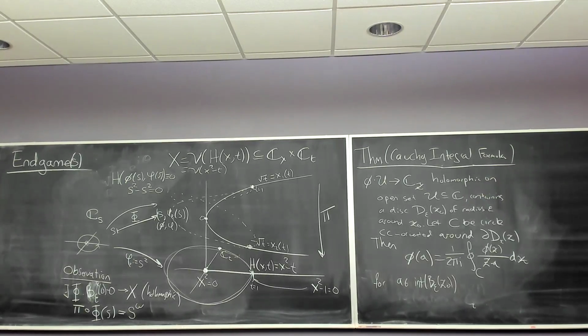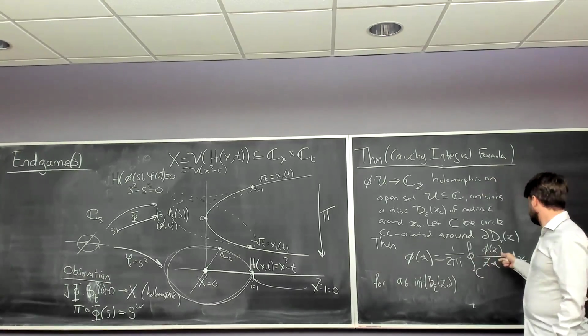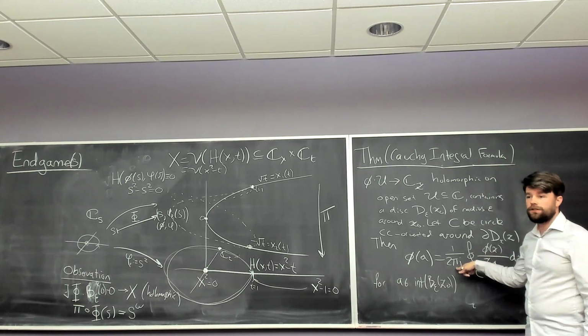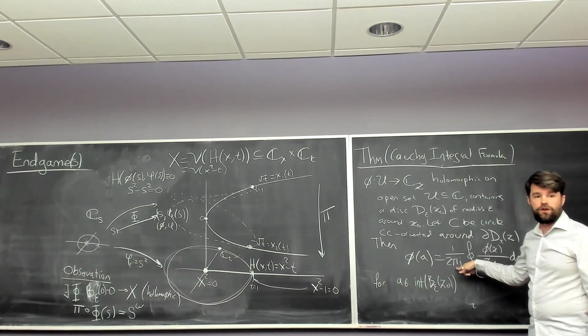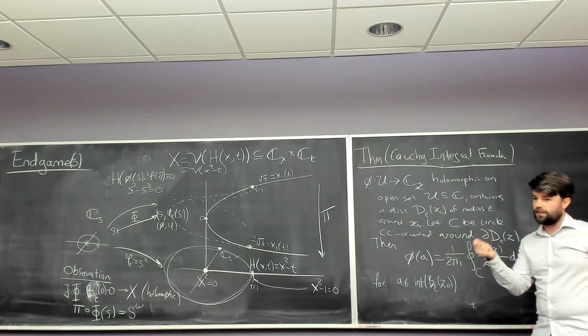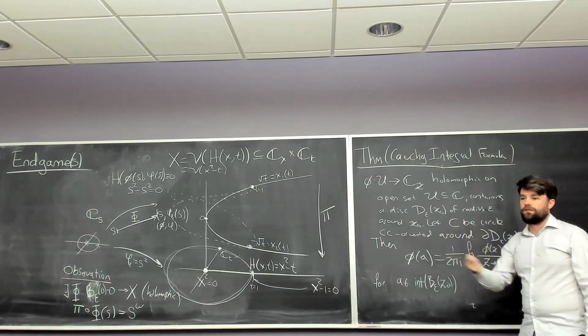First of all, if I integrate just the function 1 around this circle, I get 2 pi i, by the way. And so you should think about this as saying that the function value at a is the average value around the boundary.